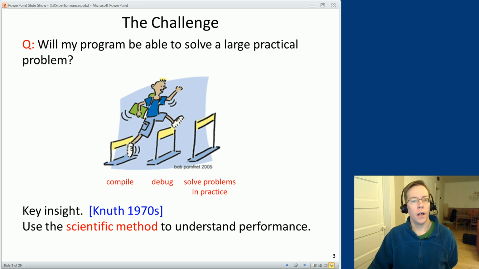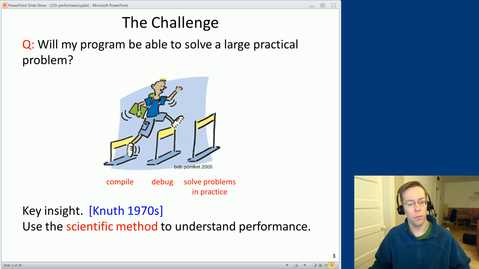And the challenge here is, how long is your program going to run? You start your program and it's running, and it hasn't finished yet, and it's taken a minute, and you think, well, am I going to wait a minute, or am I going to wait an hour, or am I going to wait a year? How big of a problem can I solve with a particular program?